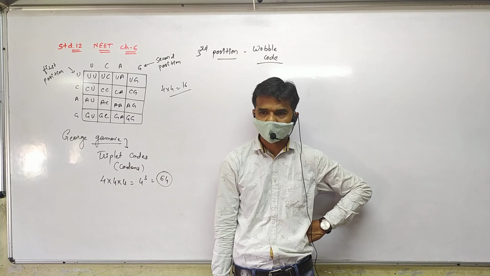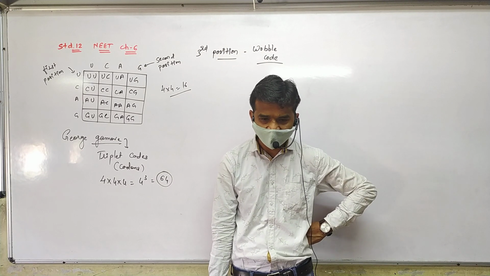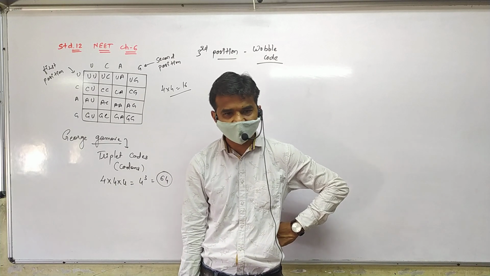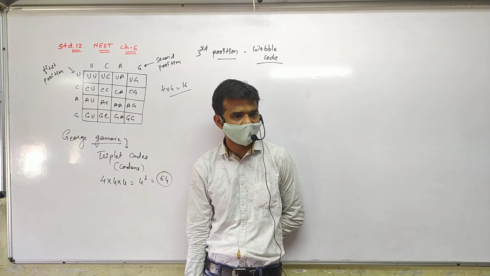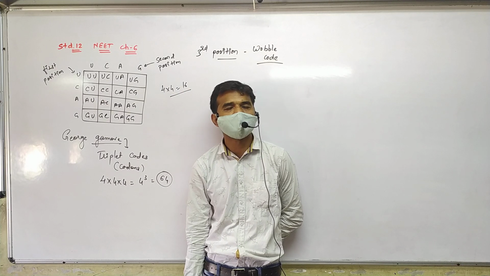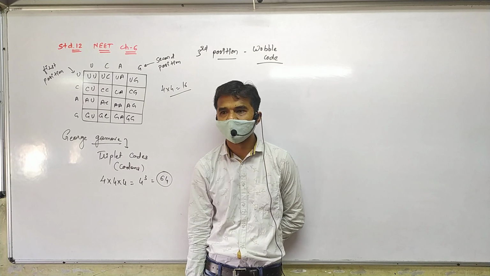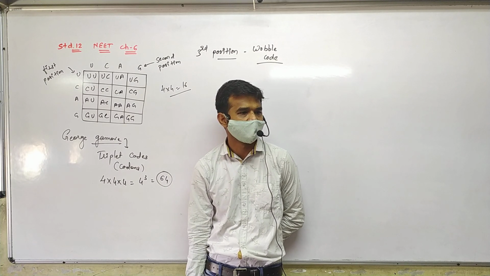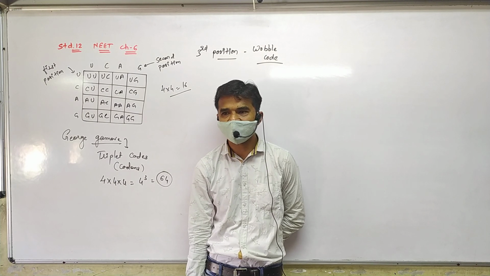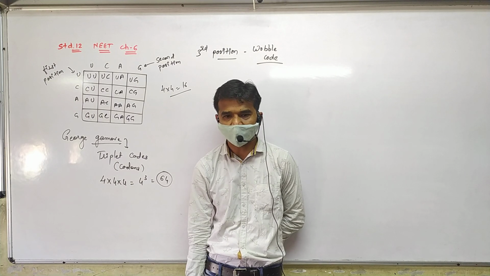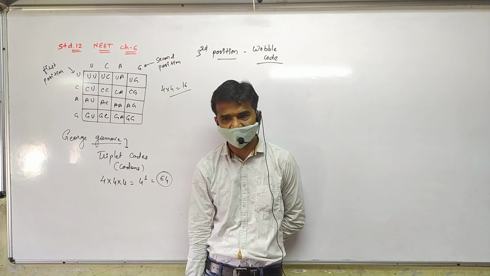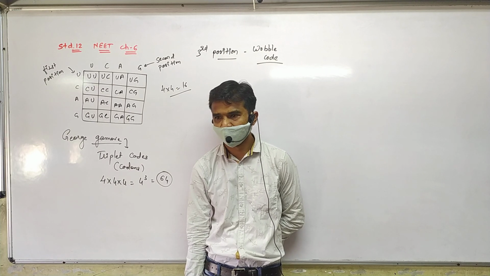In the first column, AUG represents methionine, and it is the start codon. So the start codon is always AUG. And on the fourth column, there is only one codon, UGG, for tryptophan. So AUG and UGG, these two codons are not degenerate codons.